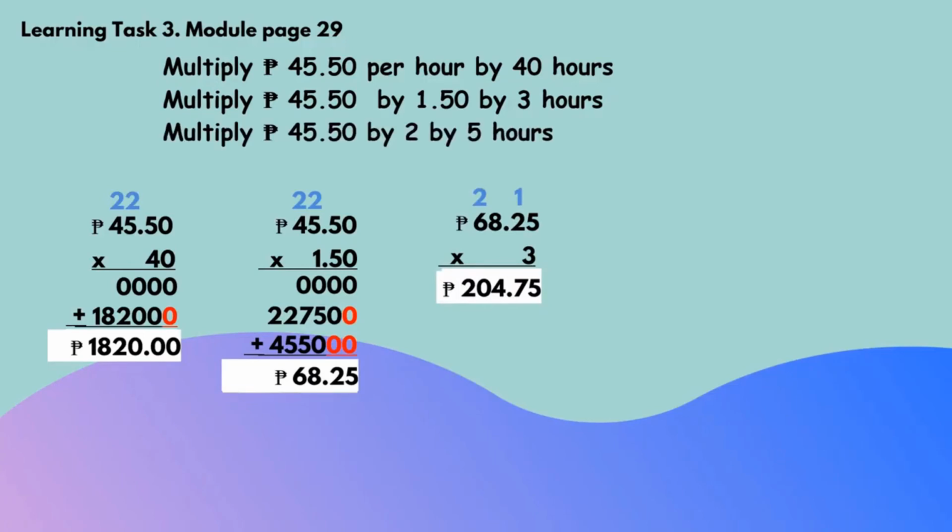Third is to multiply 45 pesos and 50 centavos by 2 for the holiday rate by 5 hours, since he worked 5 hours during a holiday.